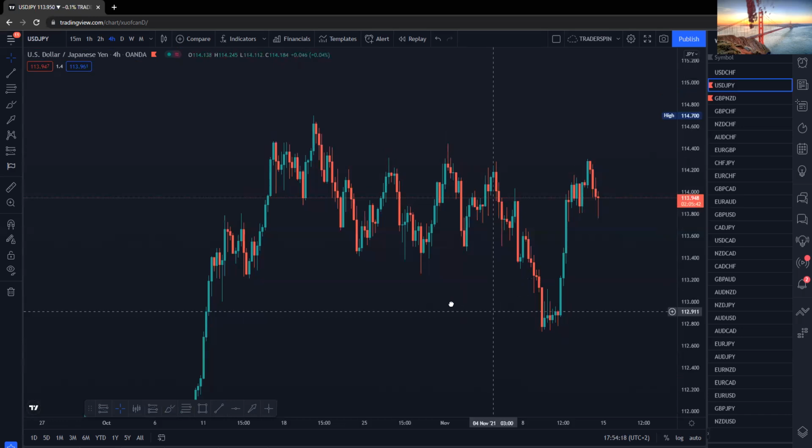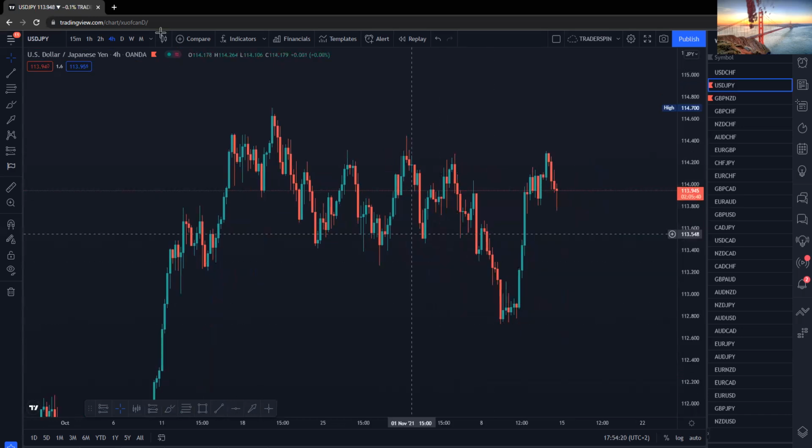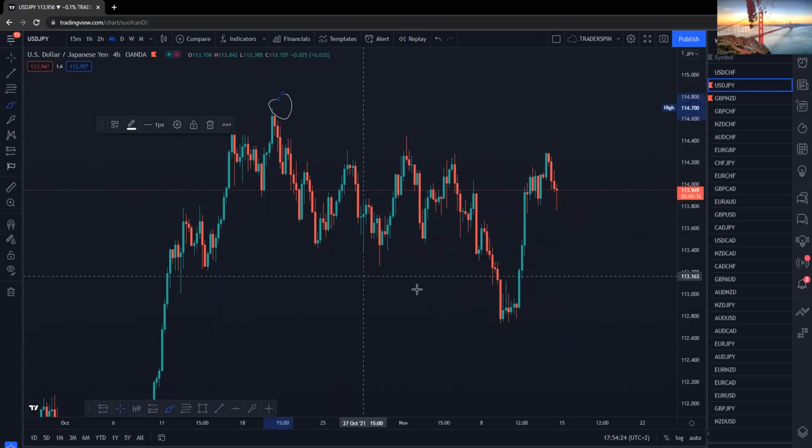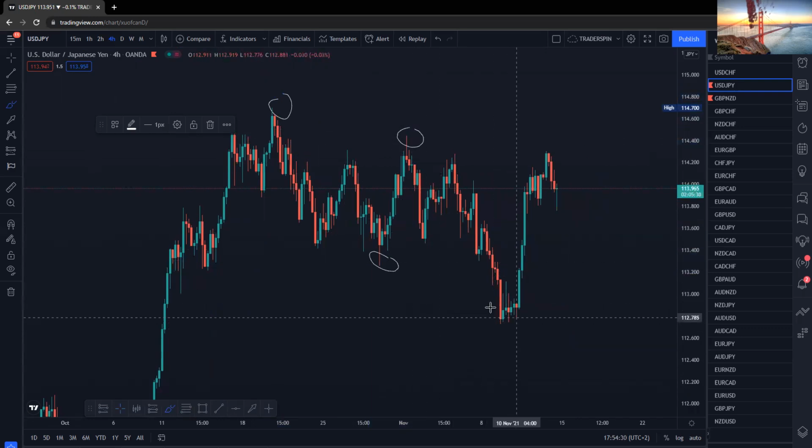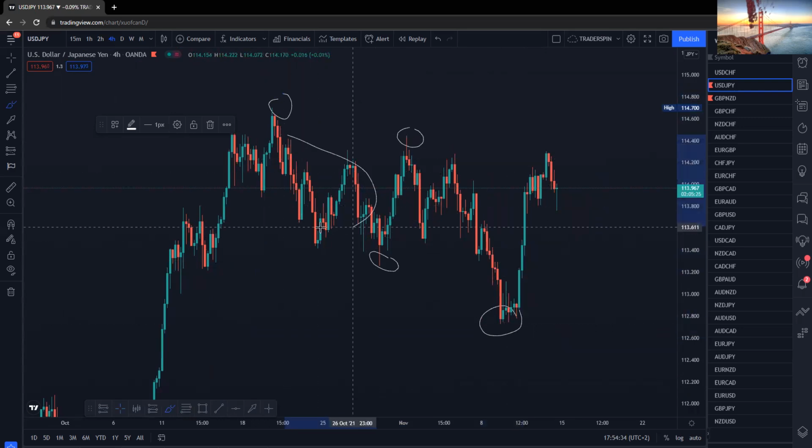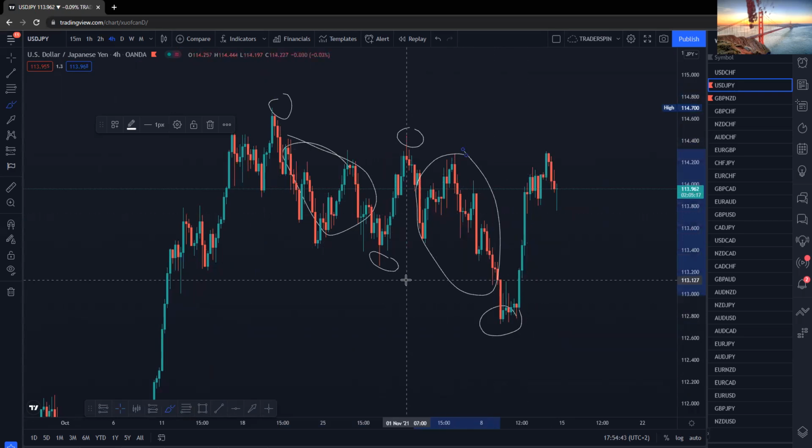But here you can see that we have that high right there. Okay, and then we've got this low right there, and then we've got that high right there, and then we've got that low right there, and within that zone here we've got that small market structure, and within here we have this small market structure, right?